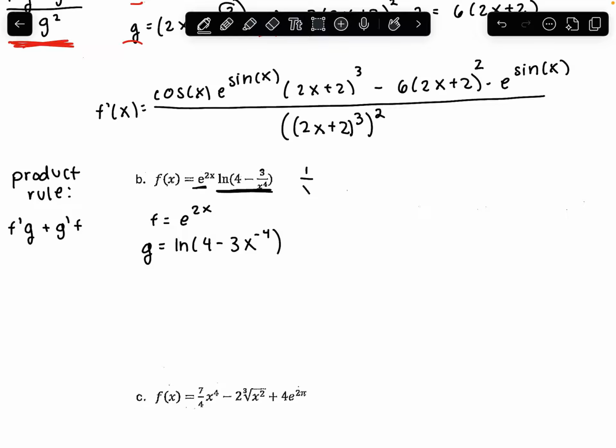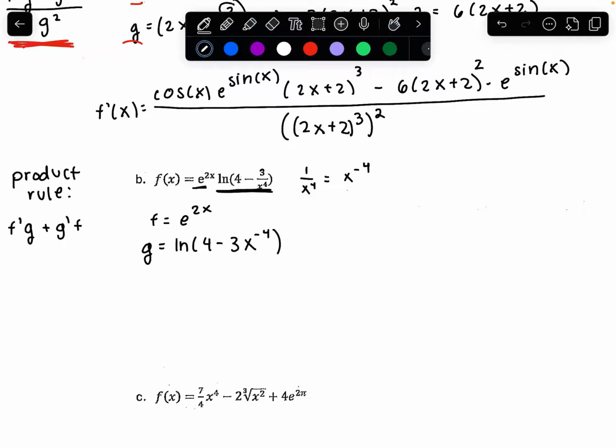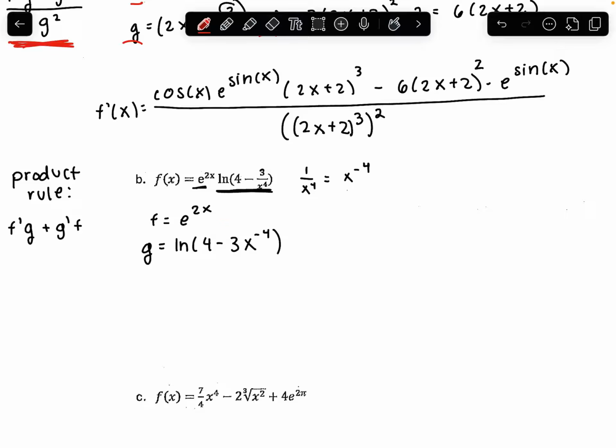I'm going to write it like this because 1 over x to the 4th is the same thing as x to the negative 4. That's just going to make our derivative a little bit easier. For F, it looks like we're going to need a chain rule again, and for G, we have to use our log derivative rule.